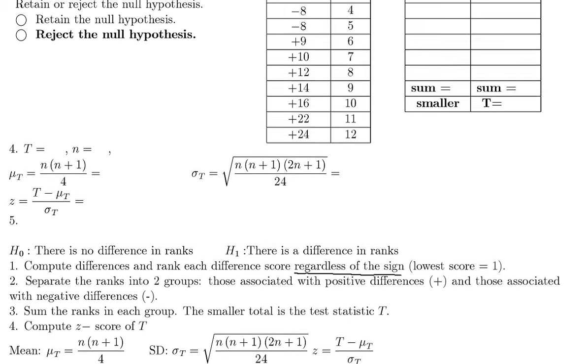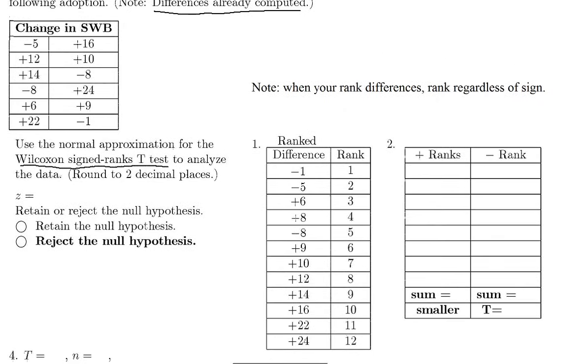So let's go ahead and work through the problem here. First I have to rank these differences from smallest to largest without regard to sign. These are the ranked differences.